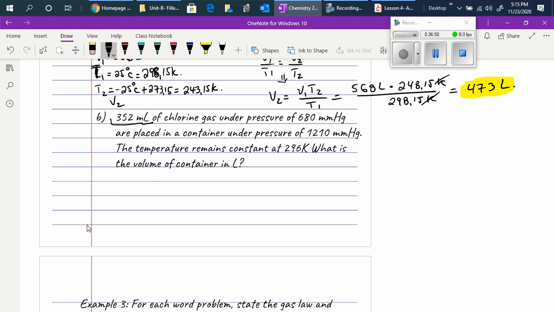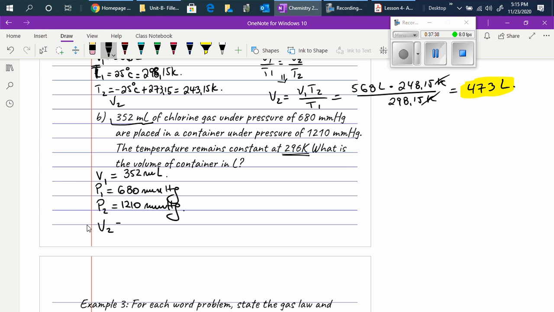352 milliliters of chlorine gas. So volume 1 is equal to 352 milliliters. You don't need to convert it into liters. It is under a pressure P1 of 680 mmHg, and is placed in a container under pressure P2 of 1210 mmHg. The temperature remains constant, so what is the volume?